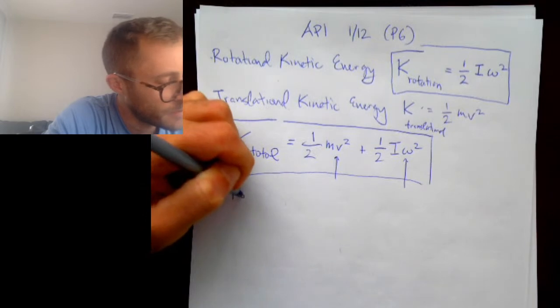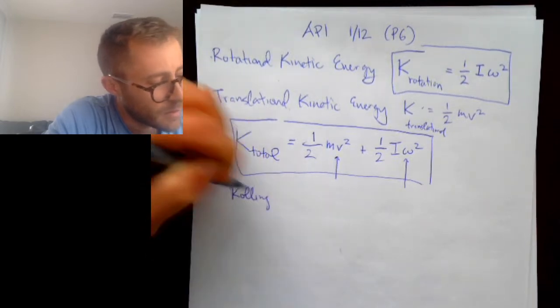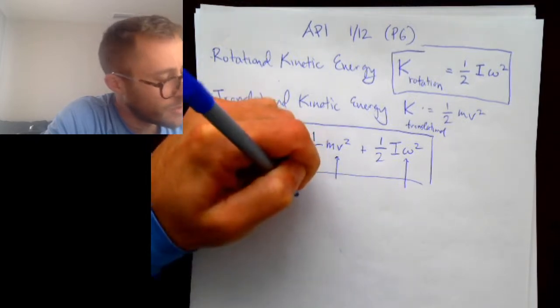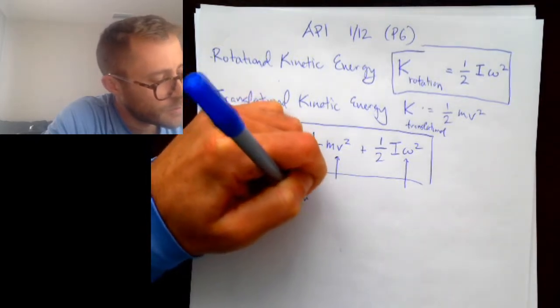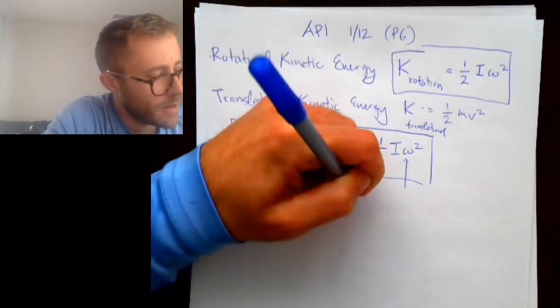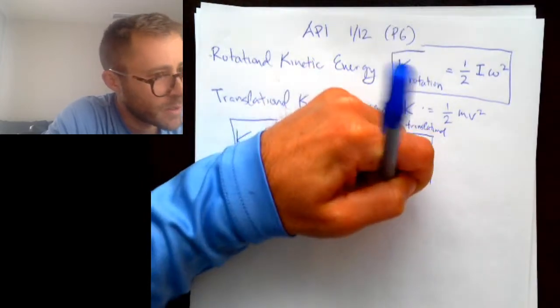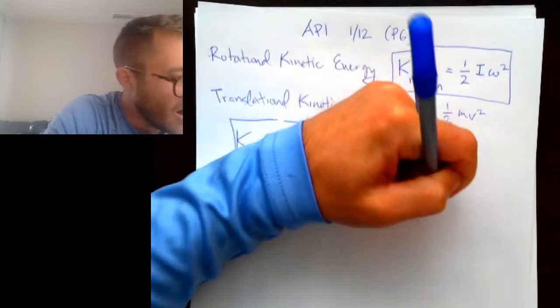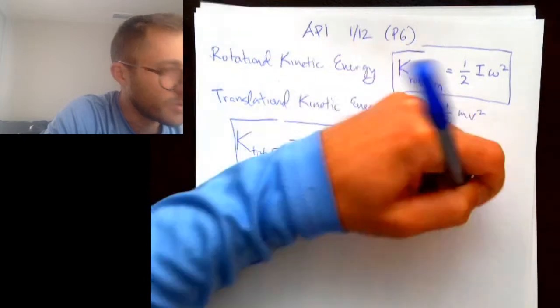So when you are rolling, translation and rotation are related to one another.